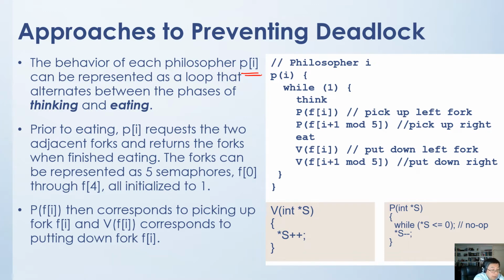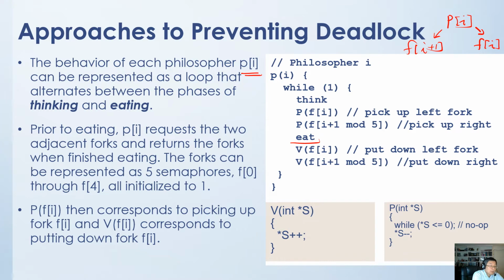Let's say Pi wants to eat. So Pi needs to pick up the fork on the left, which is Fi, and also the fork on the right, which is Fi plus 1. So once the philosopher has successfully picked up the two forks, then the philosopher can eat.